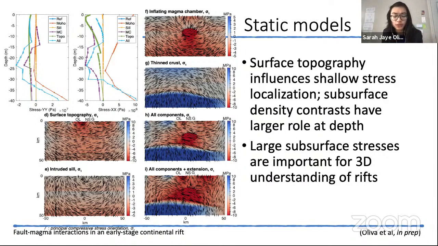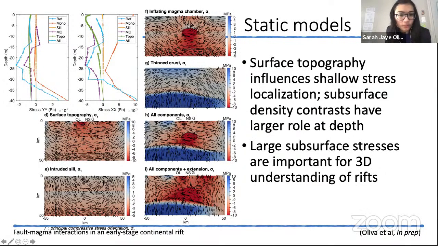Here are the 2D models, and the geometry is constrained from data. The first one is the effective surface topography, which is just a DEM placed on the model. We did try to also model an intruded sill based on the location of our sill complex from the earthquake studies, but that had very little effect in the area given the scale of everything and the scale of the sill.